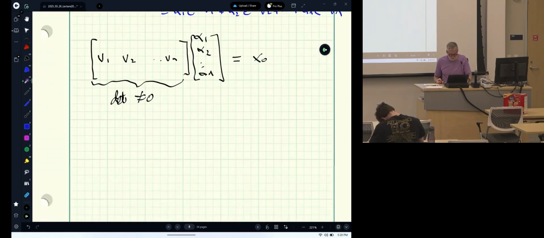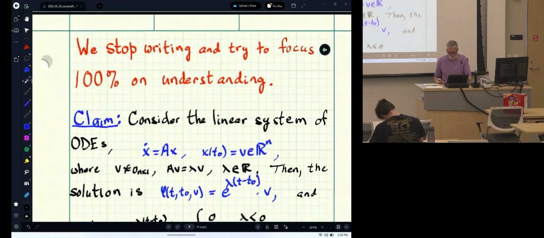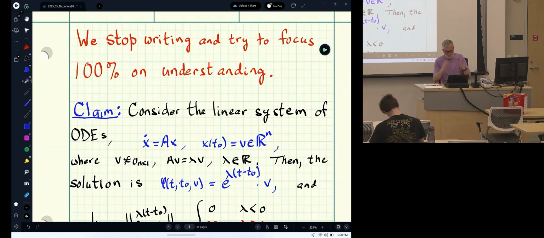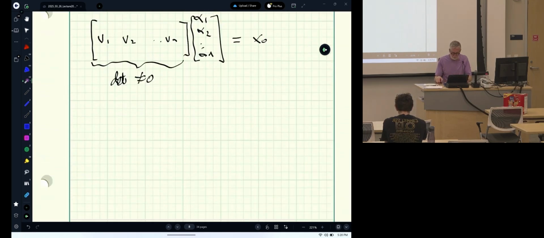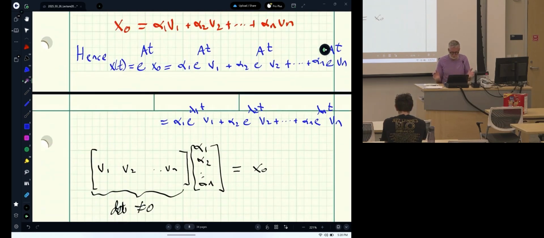Okay, so we'll take our pause, and then we're going to just return and go through partly what we just did again, but you've got everything right here. You now know exactly what the solution is doing, and you never even had to compute the matrix exponential.